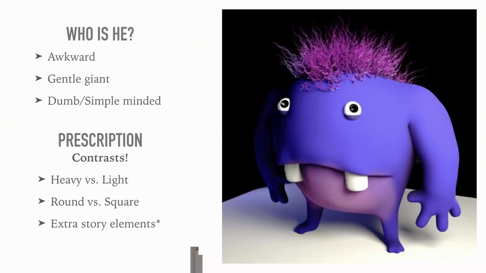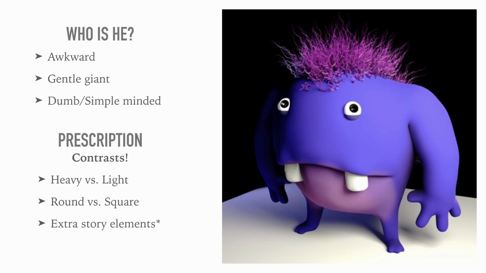Before doing anything, I like to think of keywords. I like to think of at least a very simple story that we are telling with the character. So I came up with these words: awkward, gentle giant, and dumb or simple-minded. I know that Michael likes to make characters that are silly, dumb looking. Just like me.